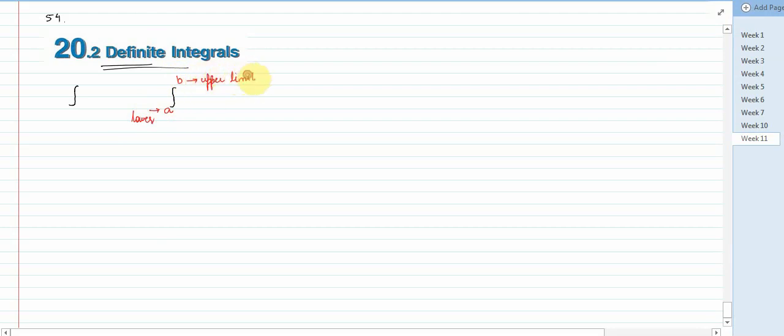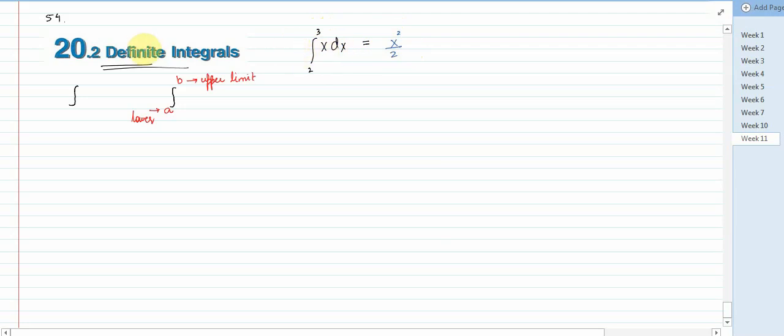Now we need to apply limits in our integration. Let me give you a basic example: suppose we need to integrate x, with limits from 2 to 3. The first thing is to find the integration of x, which is x square divided by 2.